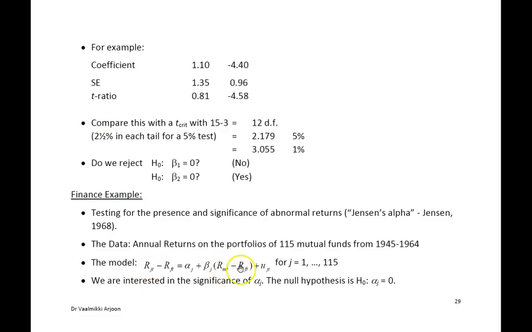And here the market x variable is the market rate of return minus the risk-free rate of return. And this is for j equal to 1 to 115 mutual funds. Now we are interested in the significance of alpha, and the null hypothesis is that H0: alpha is equal to 0.